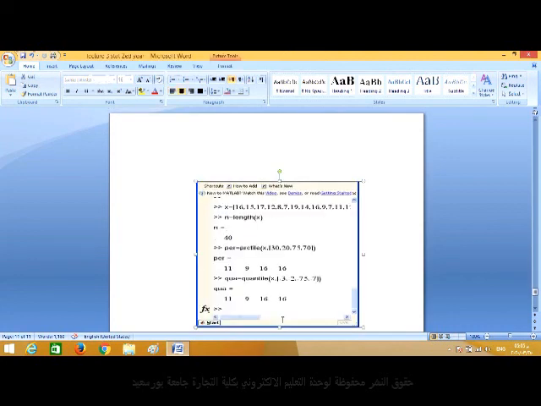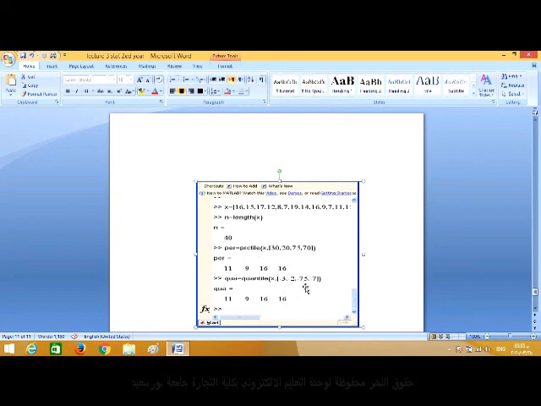By MATLAB, enter the data like this. n equals length of x, the number of data set is 40. Then per equals percentile x, 30, 20, 75 and 70. So we compute more than one measure in one function.